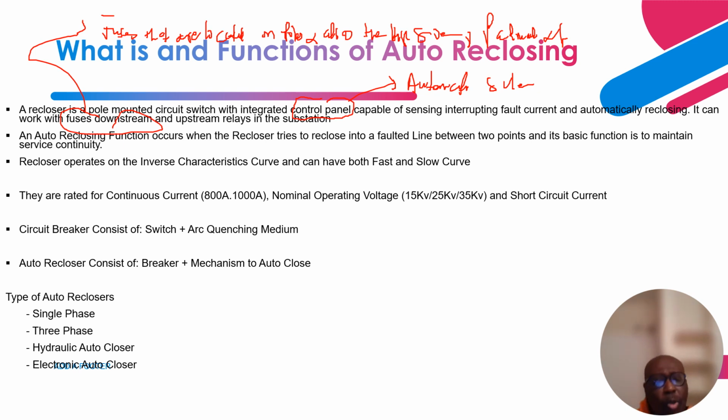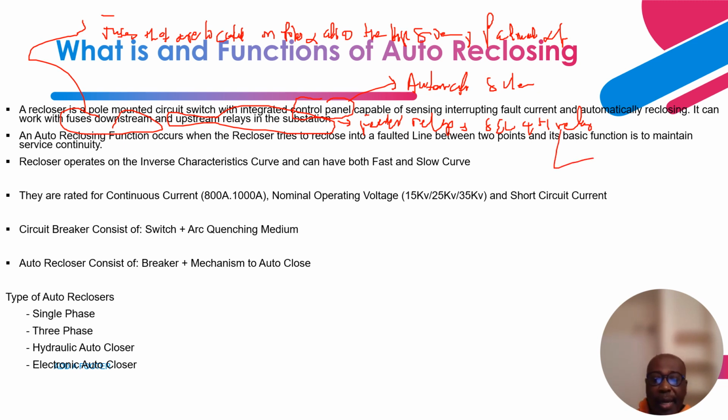So it also has the capability to coordinate with upstream relays in the substations, right? So in the distribution substation, we have feeder relays. A typical example is the SEL 451 relay that is used as a distribution feeder relay.